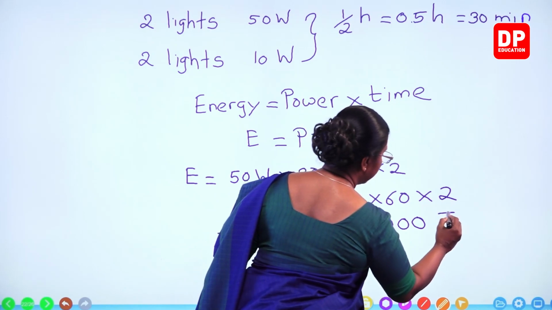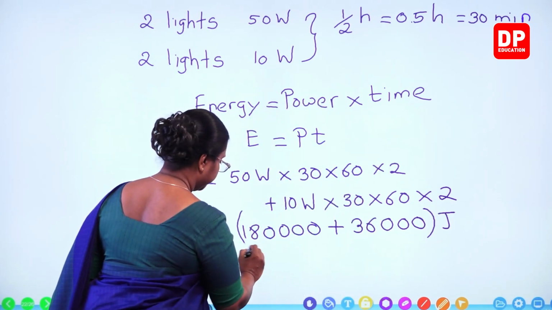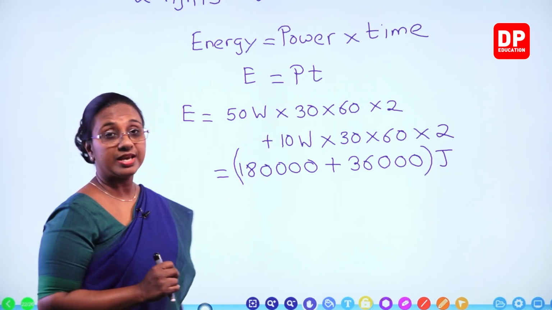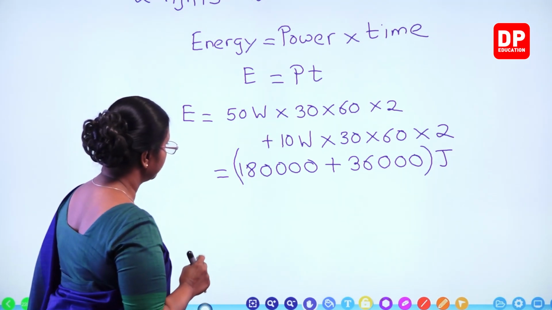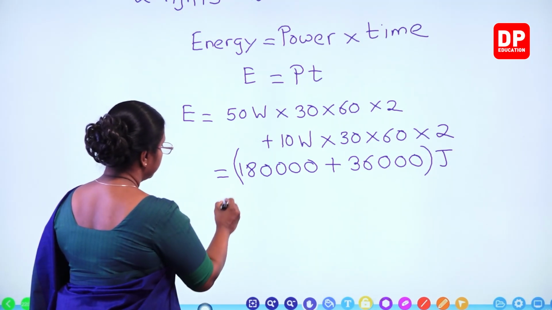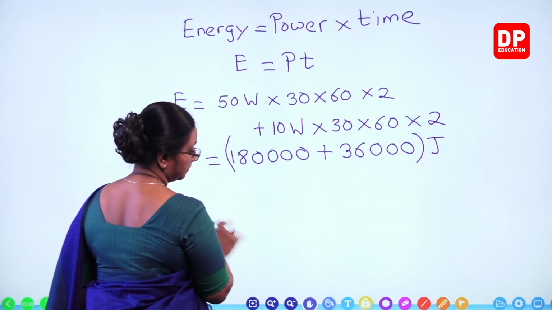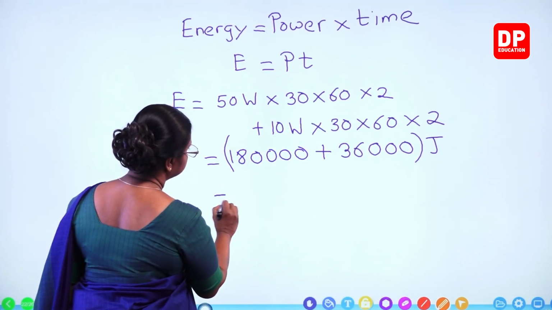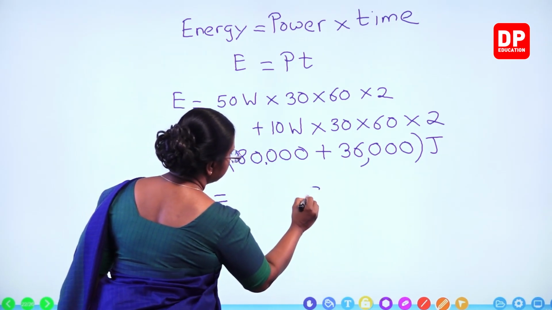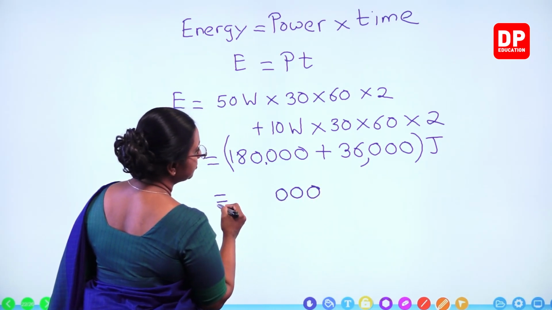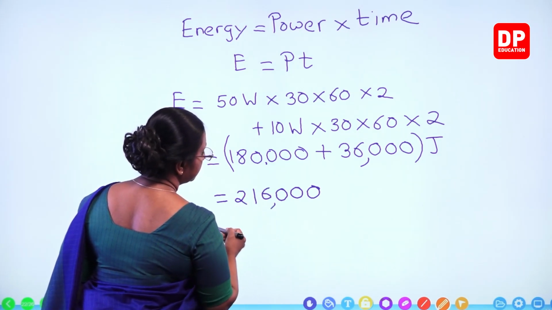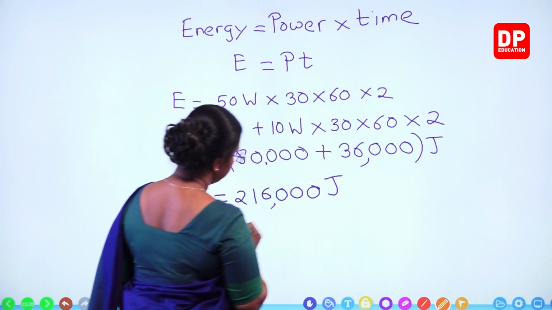This is going to be in joules. Why? Power in watts into seconds is going to be equal to joules. 1 watt second is 1 joule. So, here if we calculate 180,000 and 36,000, when you add them together, we get 216,000 joules.